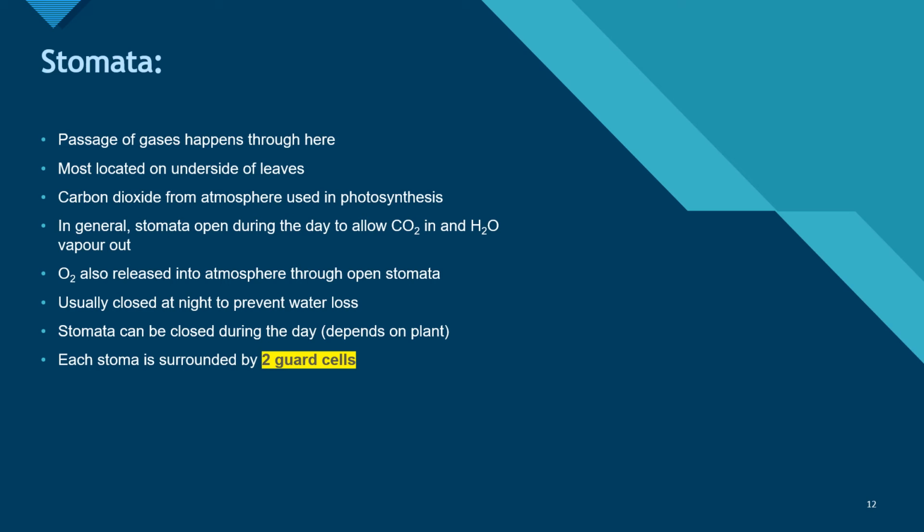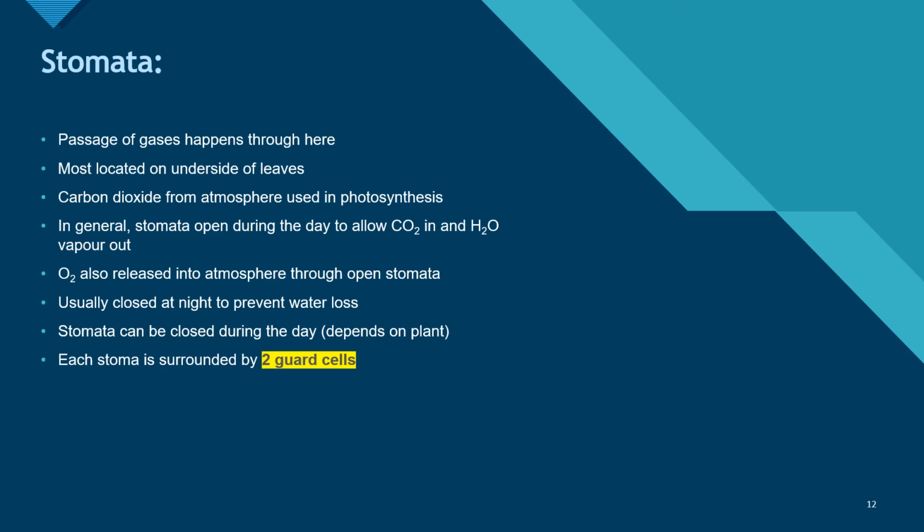In general, the stomata is open during the day to allow CO2 in and H2O vapor out. Oxygen is also released into the atmosphere through an open stomata. It's usually closed at night to prevent water loss, and you can see in things like cactus that this would be very beneficial to them. The stomata can be closed during the day, but it depends on the plant.